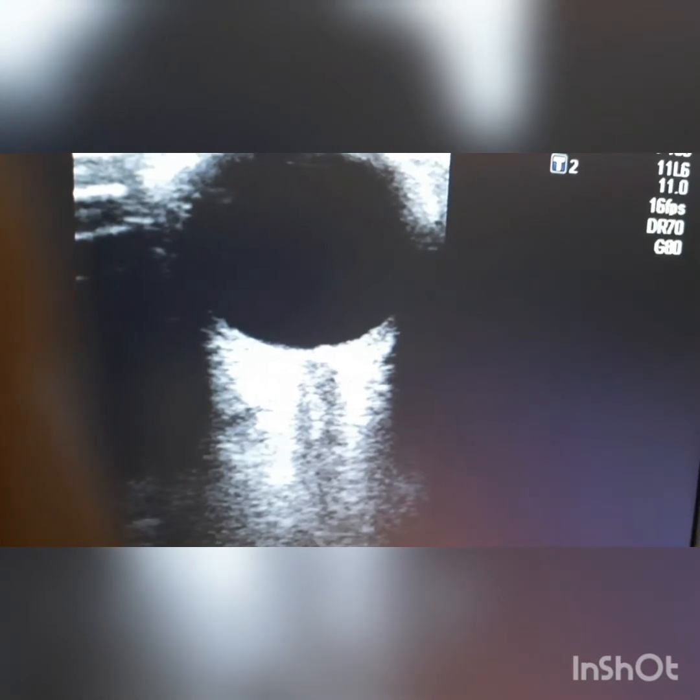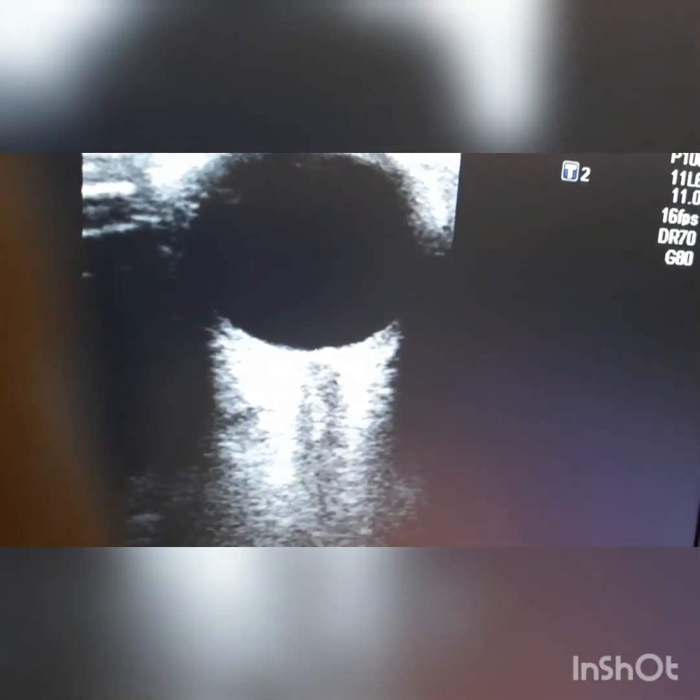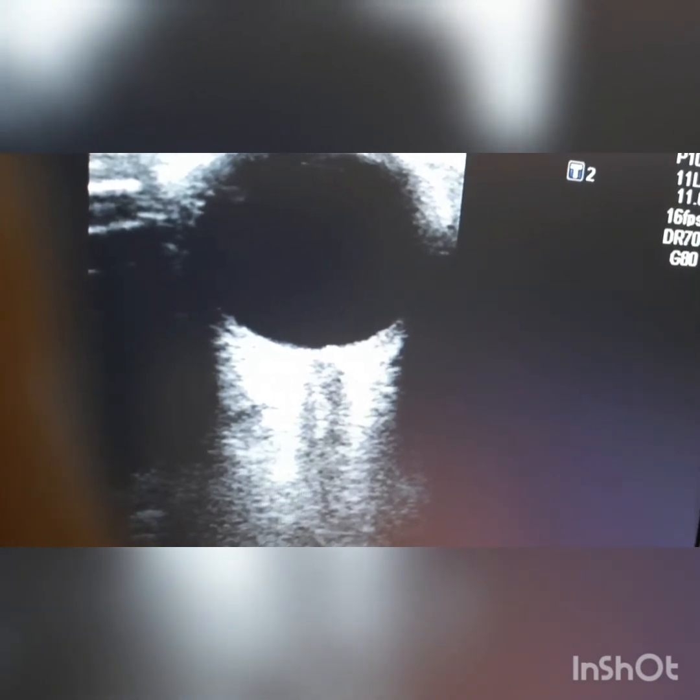Once you have the optic nerve in view, you are going to measure the diameter. When you measure the diameter, you start at the optic disc to guide you on at what level you need to measure.